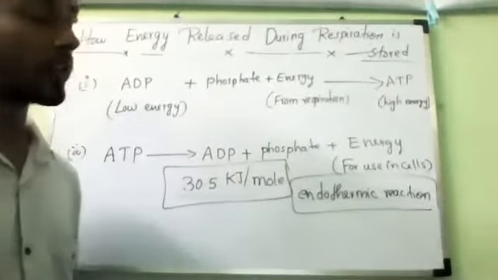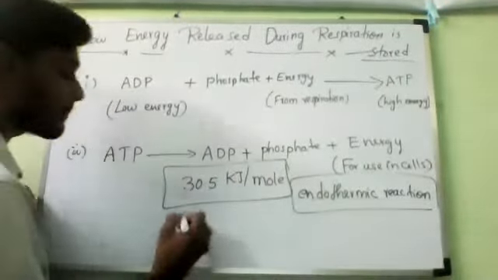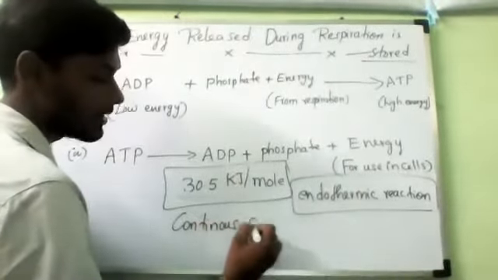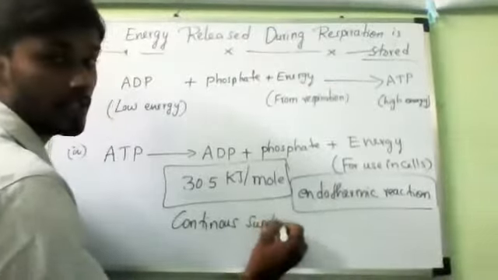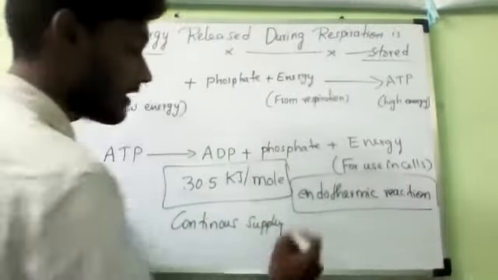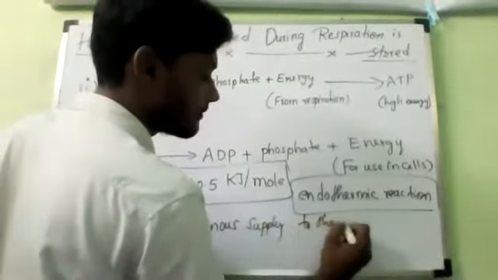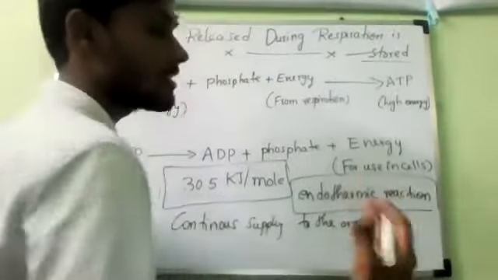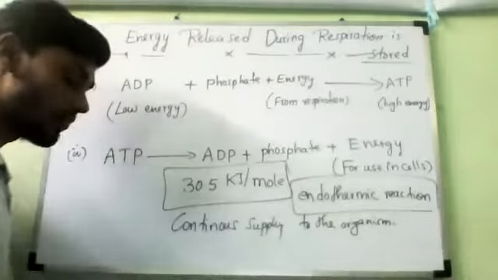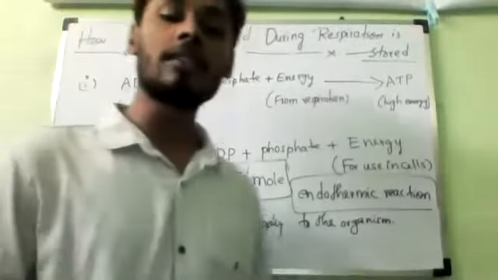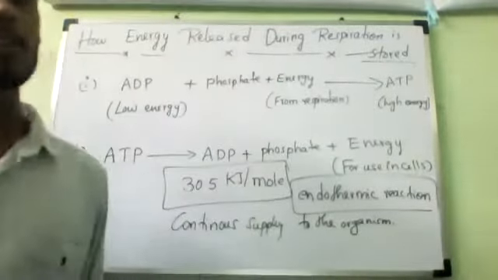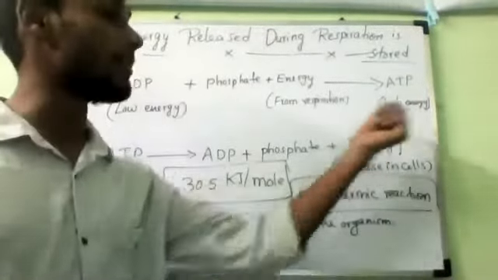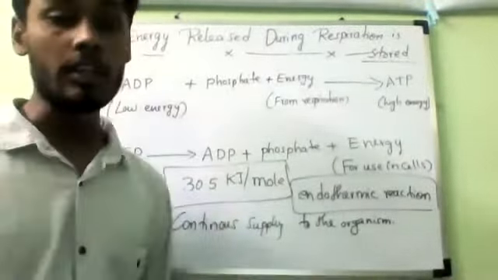So that is why there is a continuous supply of energy to the organism. That is why we feel hungry whenever the energy is not sufficient. Our body always requires a continuous supply of energy to do this process: ADP into ATP, again ATP back to ADP.